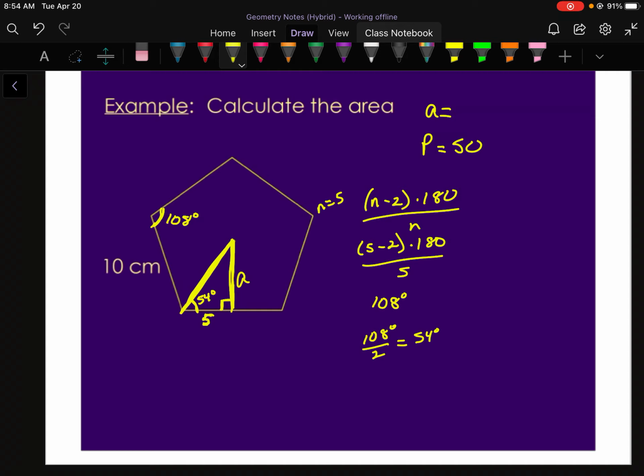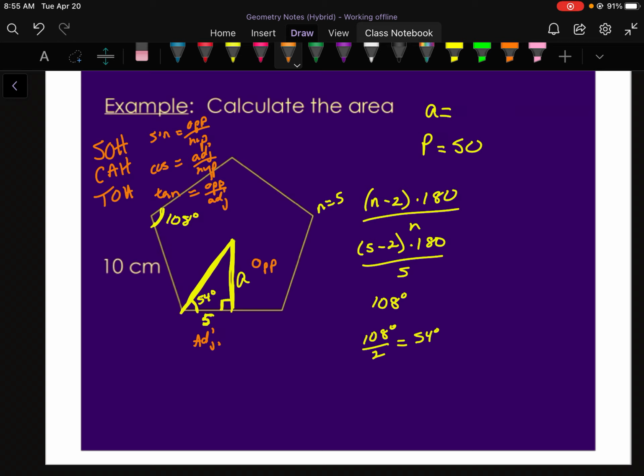Now what I can do is use a trig function to relate the opposite and adjacent sides. And hopefully you remember the whole SOHCAHTOA thing. So sine is opposite over hypotenuse. Cosine is adjacent over hypotenuse. And tangent is opposite over adjacent.